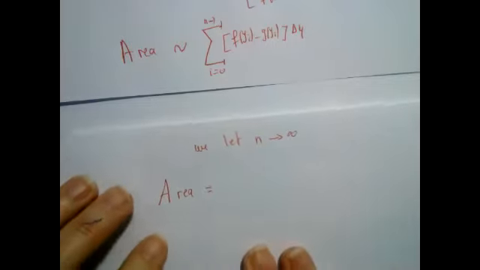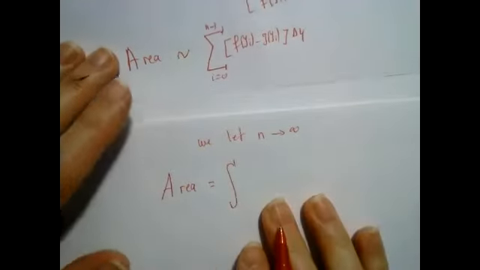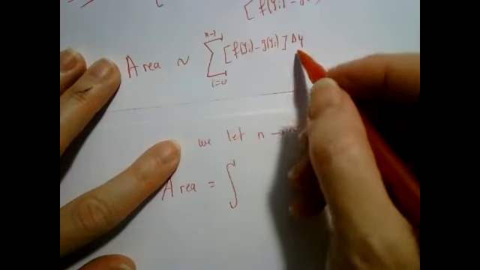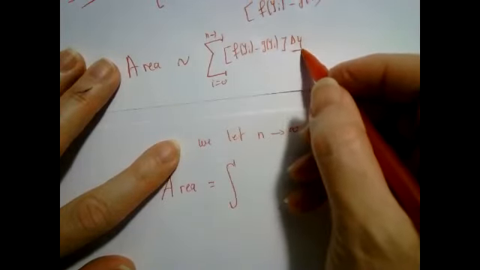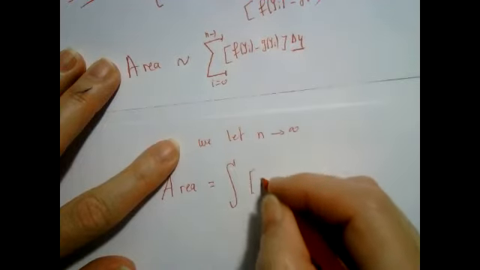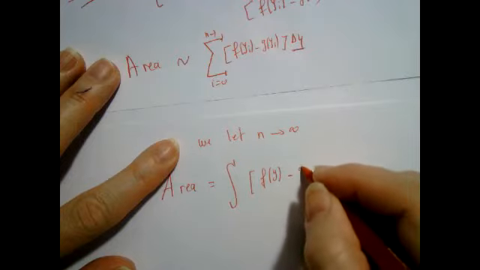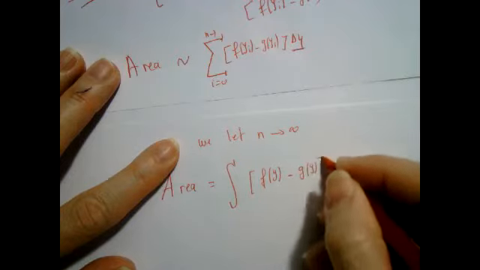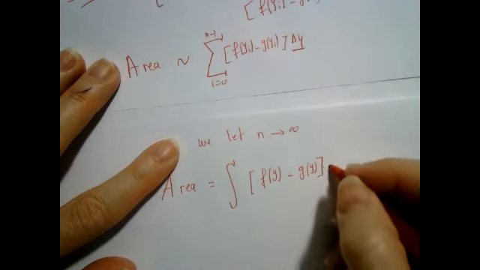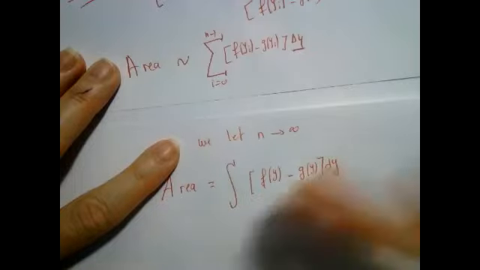Now watch carefully which integral it will become. Integral of, my variable, that's crucial, is y, not x anymore. It's going to be f of y minus g of y. It's not x anymore. Y is my variable. Everything dy. What are my limits?